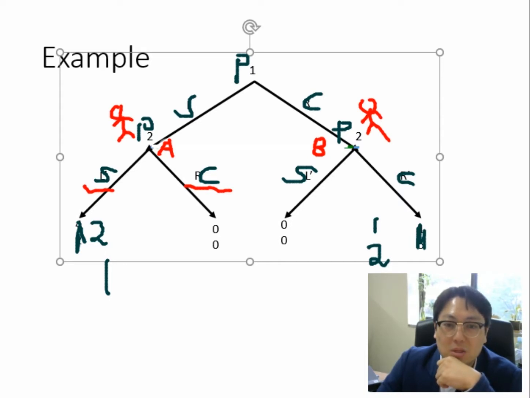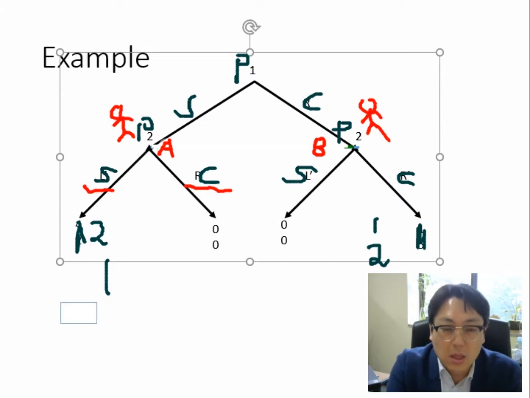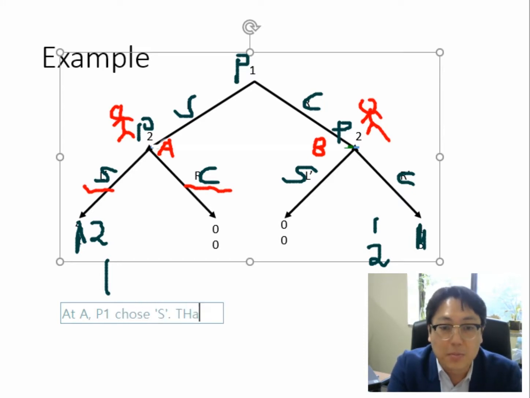What's different? I'm giving you just 1 second to think about what's the difference between these two nodes. What's different here is that the past is different. At node A, player 1 chose S, Starbucks. That is the past.